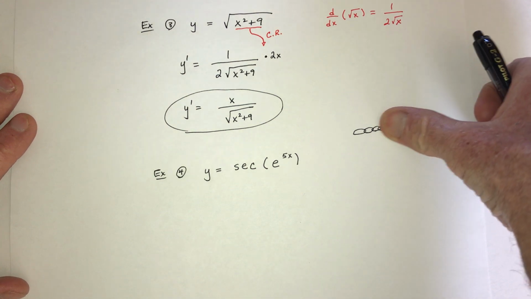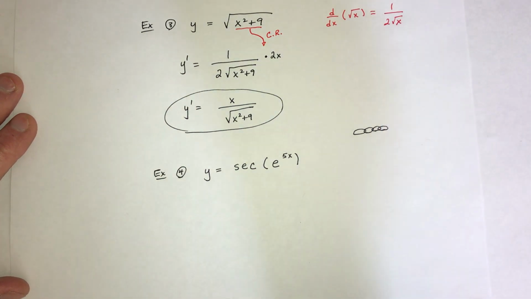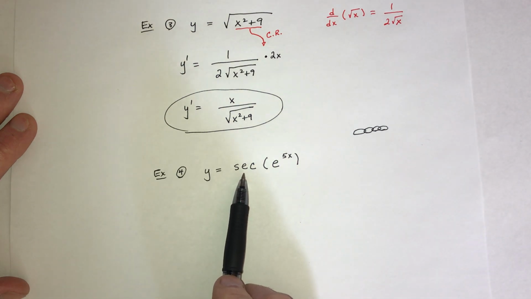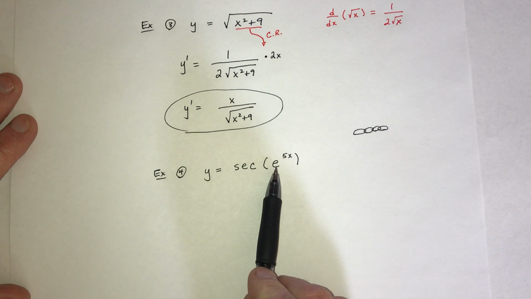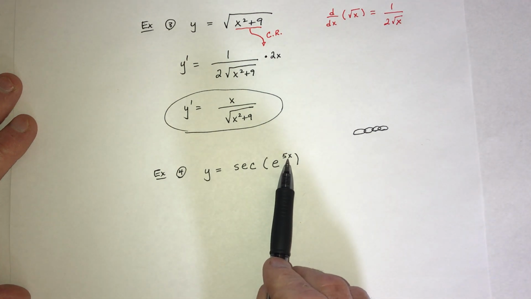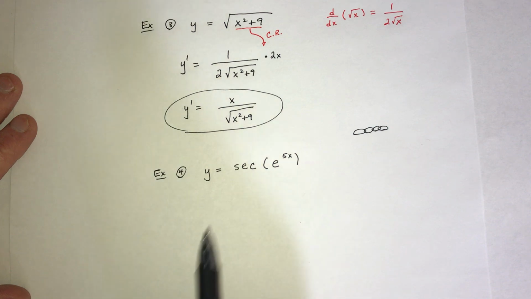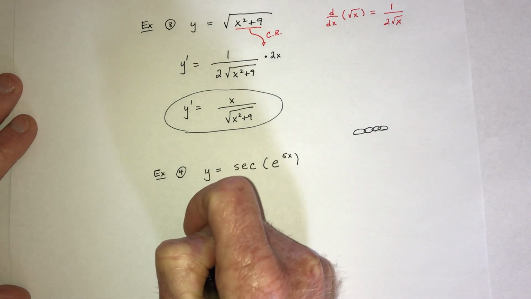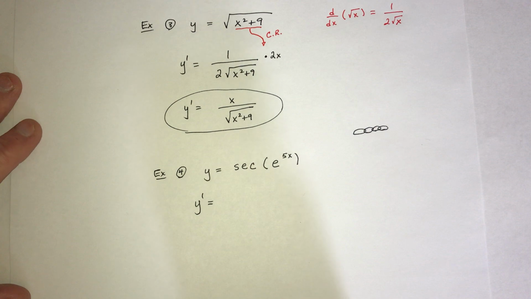This one is going to have 3 links because this one has 3 functions. The outside function is secant. Substituted into that was the e function, and then substituted into the e function was the 5x. So we'll need to do 3 derivatives. First of all, the derivative of secant.